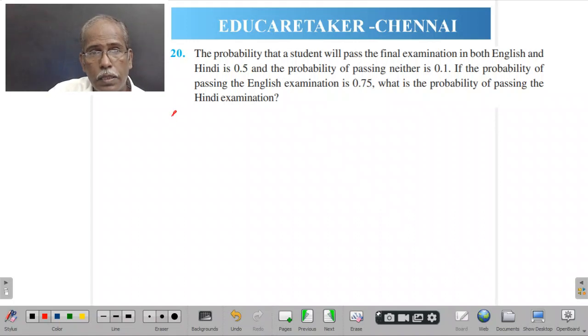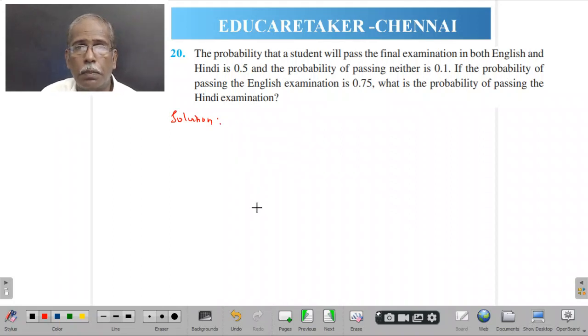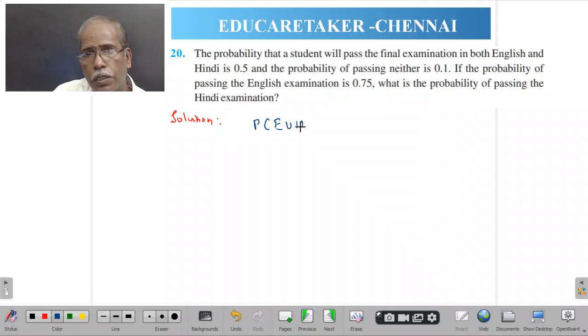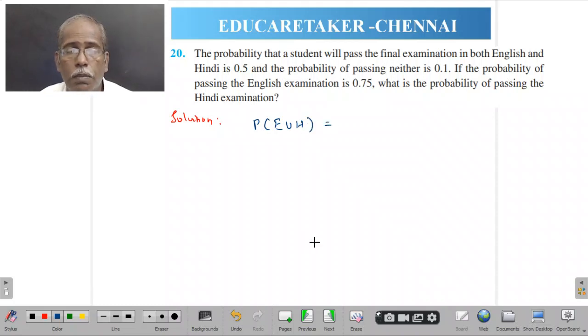So let us concentrate first on the data available. The probability that the student will pass the final examination in English and Hindi, we can take as P of E intersection H. Here E stands for passing the English examination, and H stands for passing the Hindi examination.